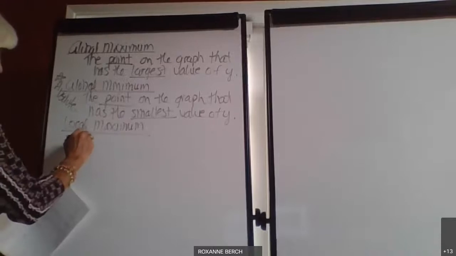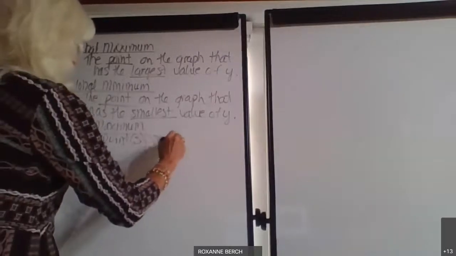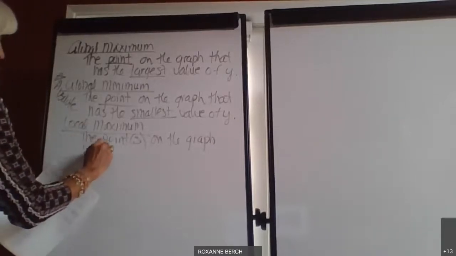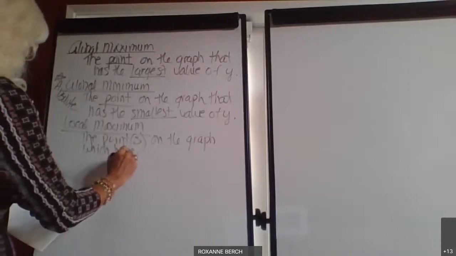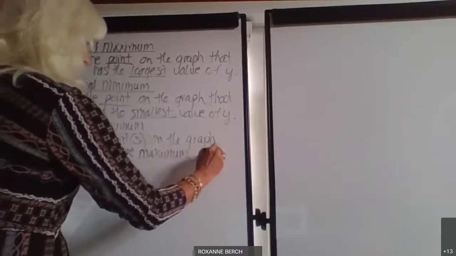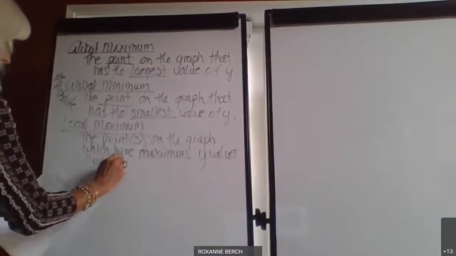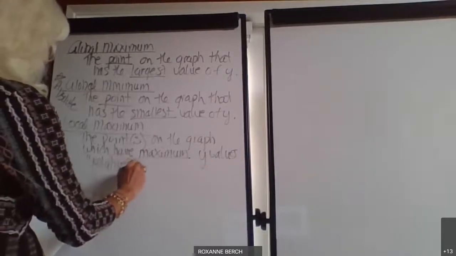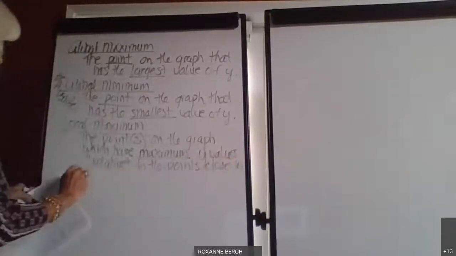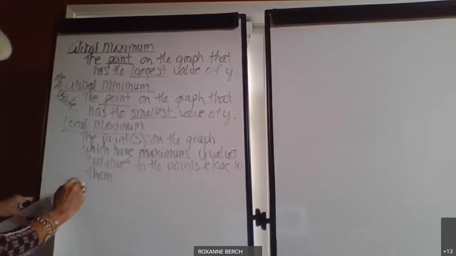So a local one would be the point or points, there could be more than one, on the graph, which have maximum y values relative to the points close to them on the graph.